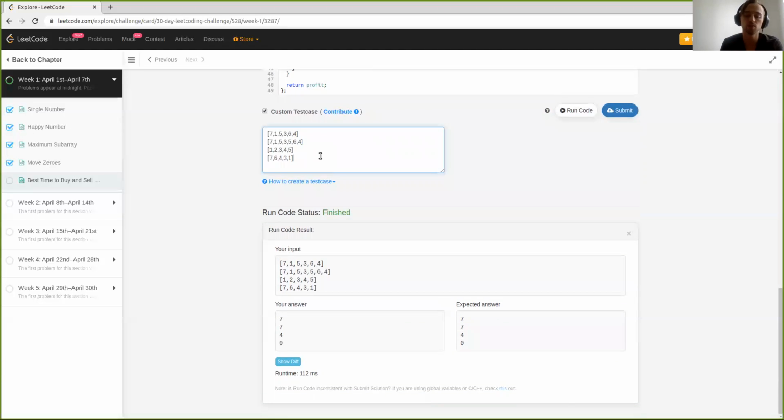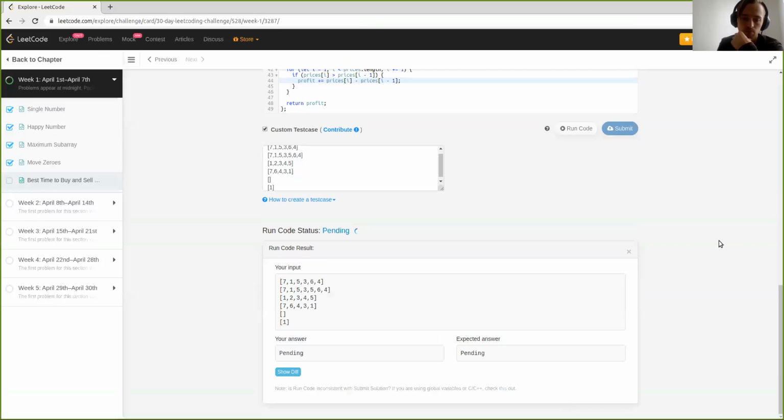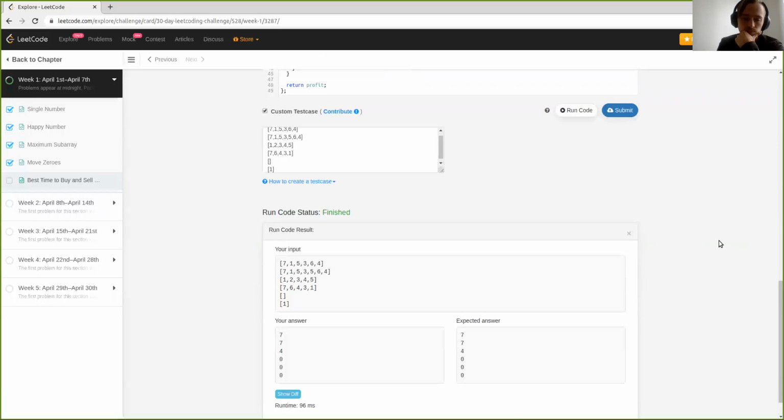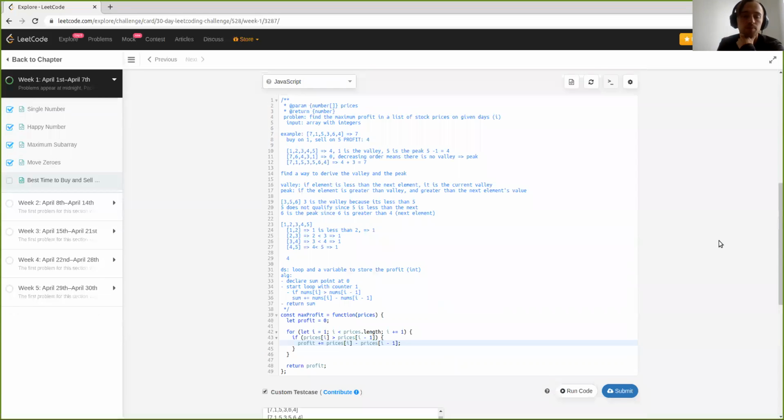Nice. Okay, and let's try it with an empty array and then an array of just one element. It should come back 0 and 0. Nice. Okay.